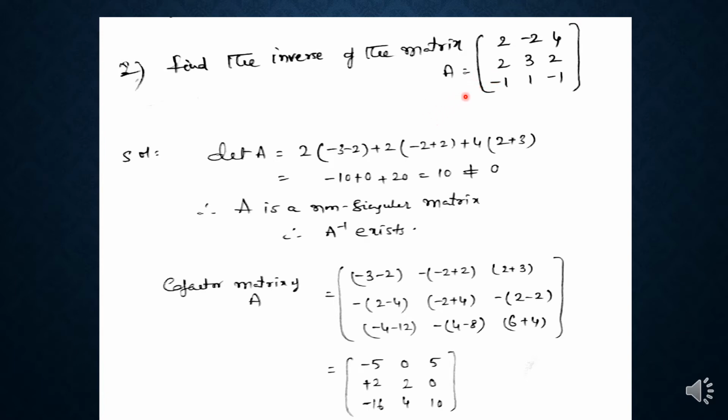And after finding the determinant, we should find cofactors for each and every element in the matrix. Then find the cofactor matrix, then write the adjoint matrix. Then write the formula for A inverse is equal to adjoint A by det A.